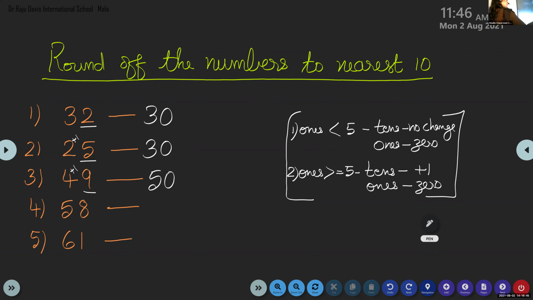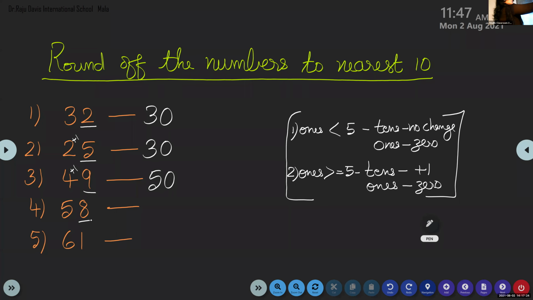Now, Paul was responding, isn't it? I did not get Paul. One second. Arav. Yes, ma'am. What is the first step to be done? You have to underline 10, the ones place. Okay, now which rule is to be followed? 8 is greater than 5. 60 is the answer.